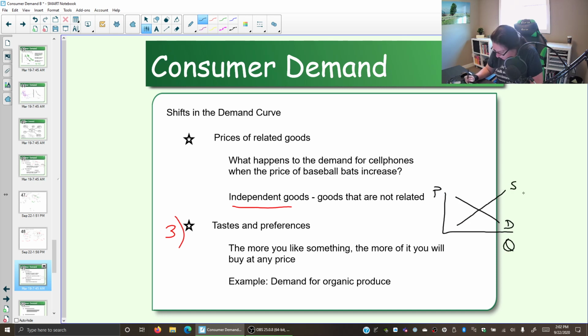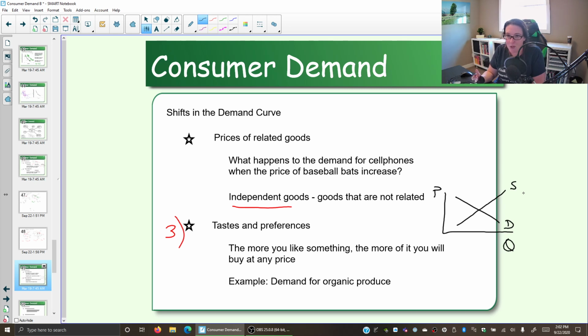We'll add in supply, but we'll get to supply in later videos. So here, let's suppose that you're hearing all of these stories about how the product is bad for you or how it's tainted. Well, is that going to change the customer or the business? It's the customer, and your preference or how much you like something is what is changing.